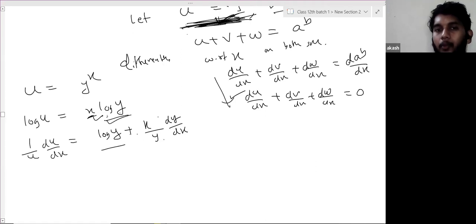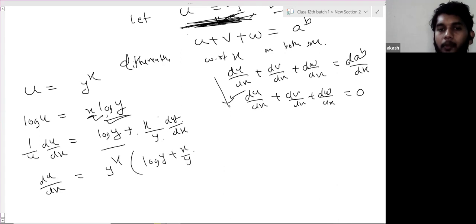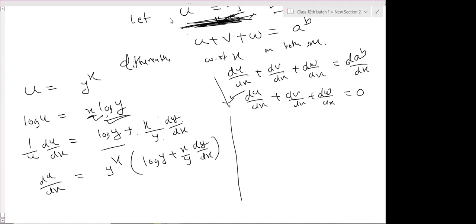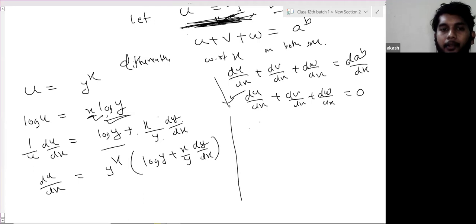Differentiation of log y is 1 upon y dy by dx. So du by dx will be u, which means y raised to the power x, into log y plus x upon y dy by dx. This thing is clear, everyone? Ishan, this thing is clear? All right. I hope that was yes.